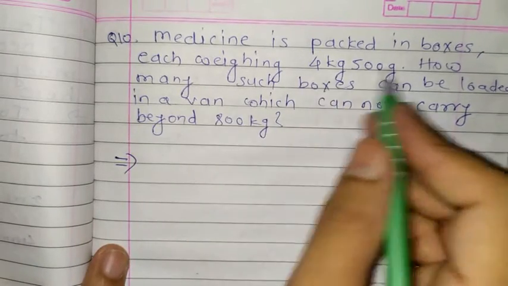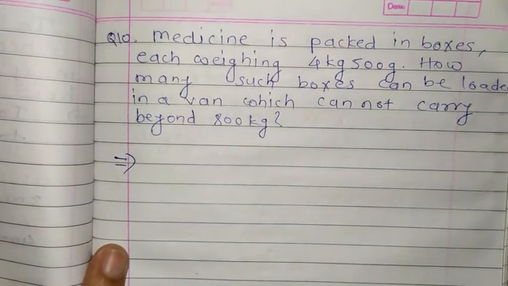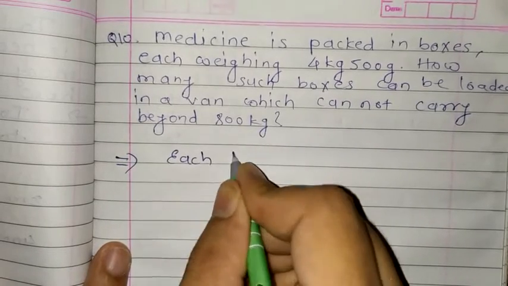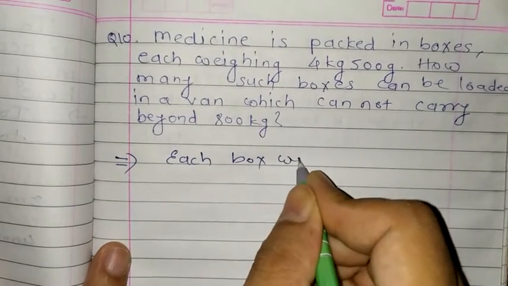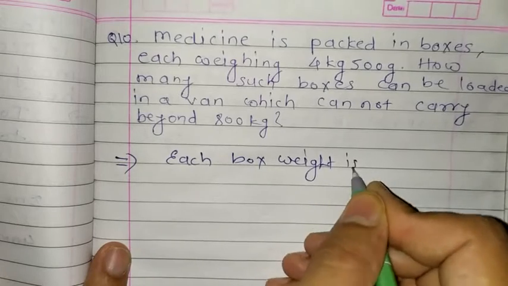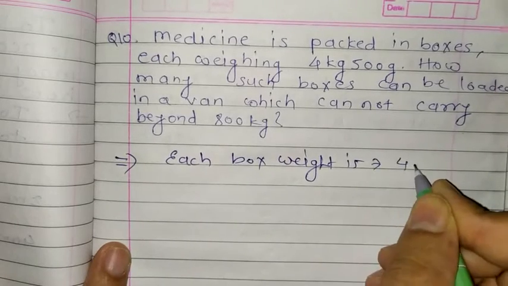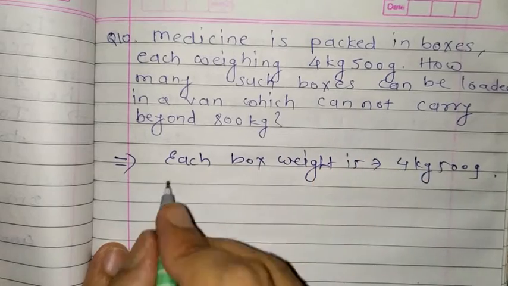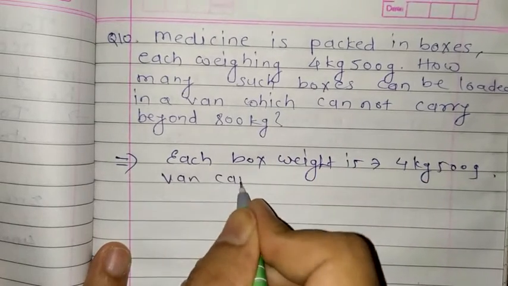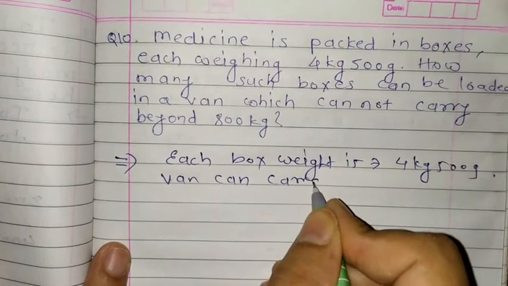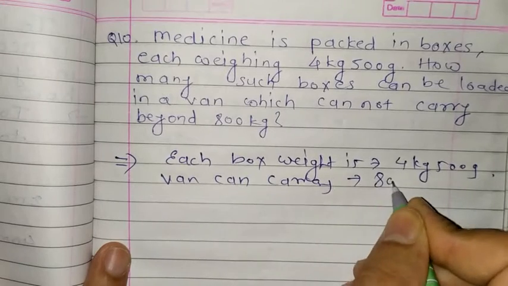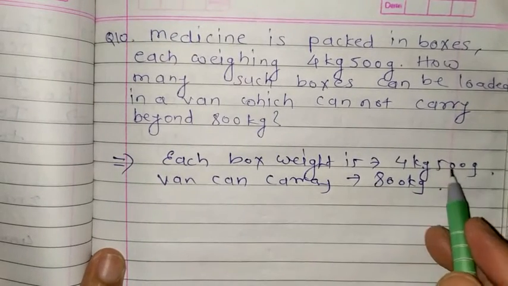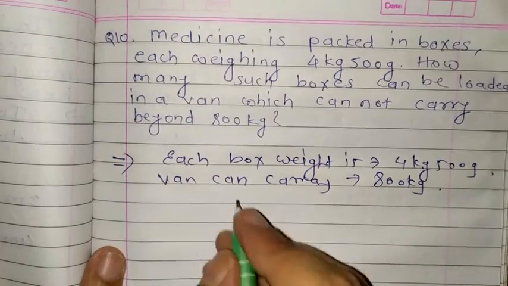So medicine is packed in boxes and each box weighs 4 kg 500 gram, and the van can carry 800 kg. So here kg is there, gram is there, so conversion from kg to gram is quite easy.